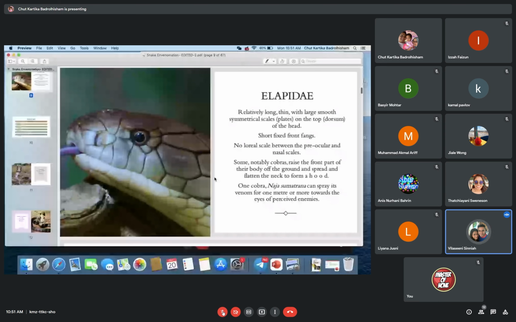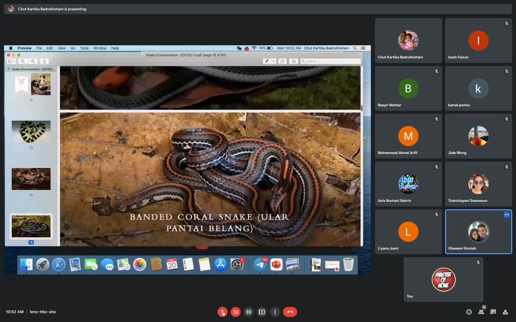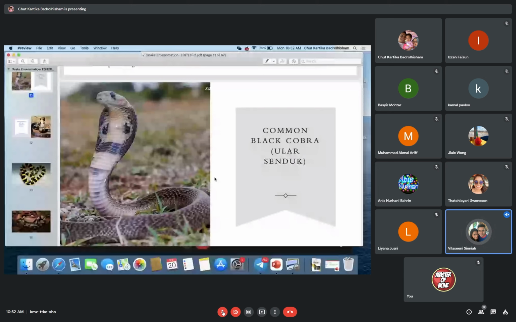The moment they spread their hood, at the back of the hood, you can see a dark circle at the center of the head. That was one of the identifications for your Elapidae. Naja kaouthia. Yes, you have the front view. I need the dorsal view, the posterior view.